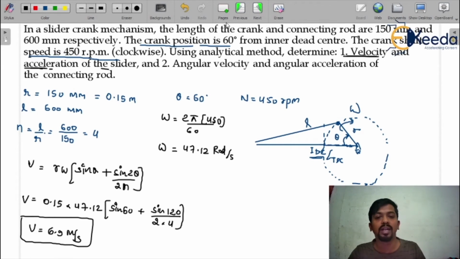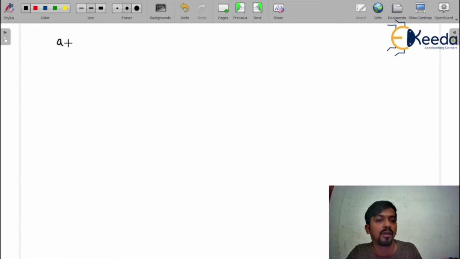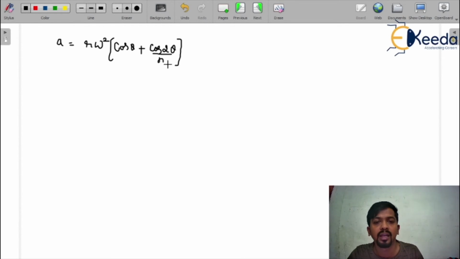Now we have to calculate the acceleration. What is the formula of the acceleration? That is R omega square times cos of theta plus cos of 2 theta by n. We have all the values.